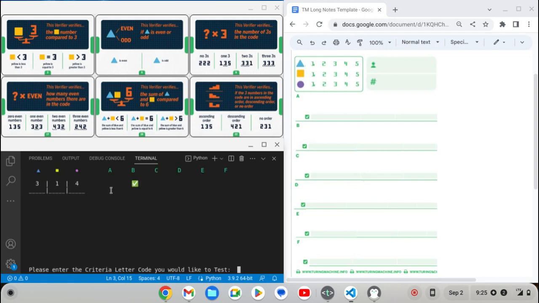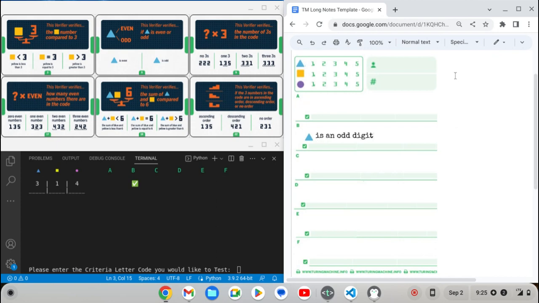Okay, so the Turing Machine approves of my choice for triangle. Notice I did choose an odd 3, and the Turing Machine agrees it should be an odd value. So let's go ahead and type that up in our notes for section B. And that is, of course, that triangle is an odd digit.